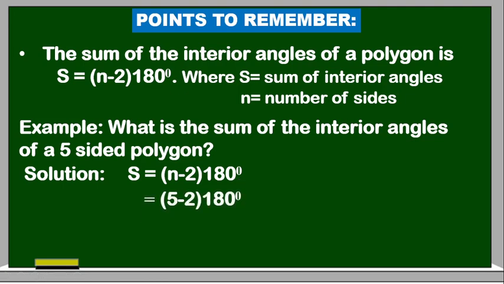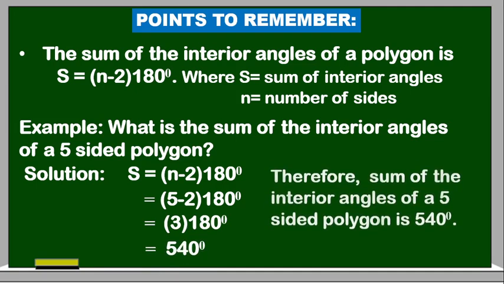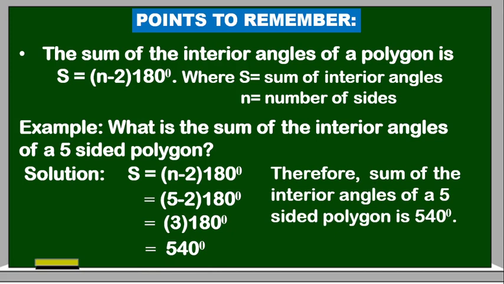Therefore, we have (5 − 2) multiplied by 180 degrees. 5 minus 2 equals 3, times 180 degrees, so we have 540 degrees. Therefore, the sum of the interior angles of a five-sided polygon is 540 degrees.